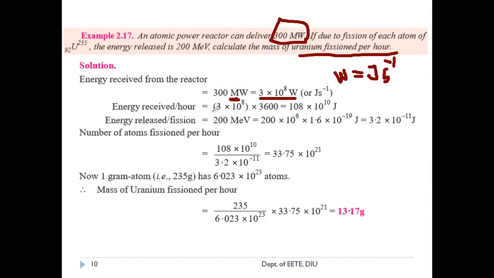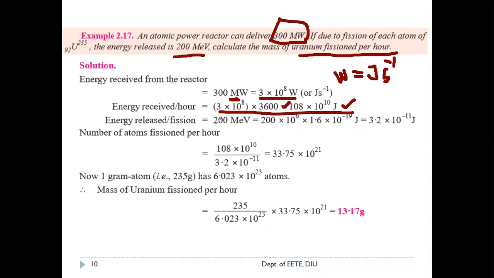So if we multiply it by that, we get the total heat required for this 300 megawatt capacity in 1 hour. Okay, in an hour, this is the total heat. And we are also given how much heat each atom generates. That is 200 mega electron volt.